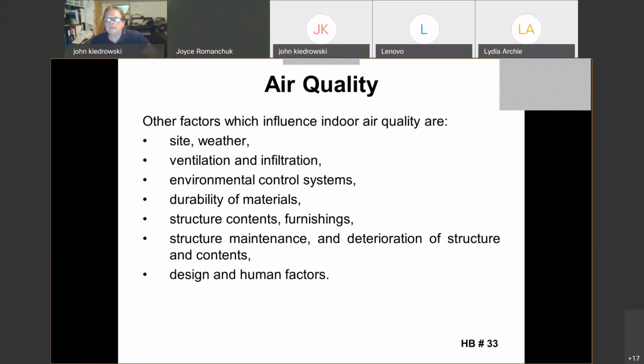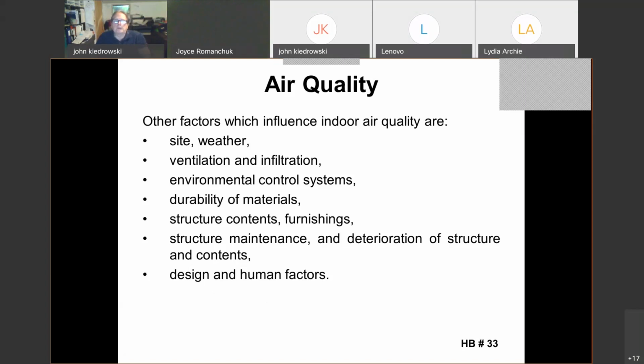Okay, so moving on, we see air quality. Other factors which influence indoor air quality, again, we've touched on many of these, are the site, weather, ventilation, infiltration, the control systems, and material durability. I mentioned furnishing, so even our carpeting and our couch might be bringing in strange smells that we never experienced before.